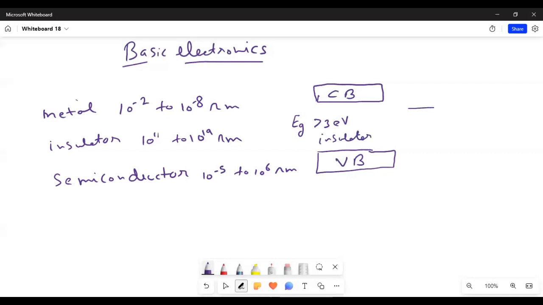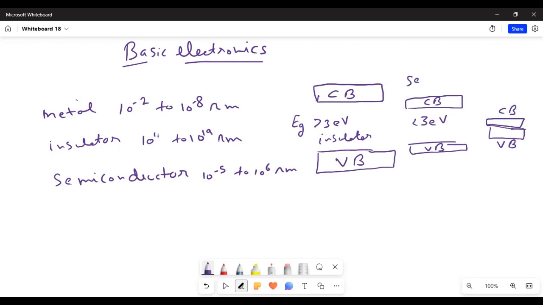And for a semiconductor, the gap between valence band and conduction band is less than 3 electron volt. While for the case of metal, they actually overlap, where the conduction band and valence band overlap.